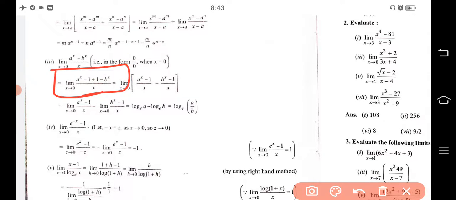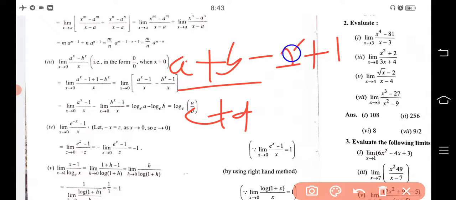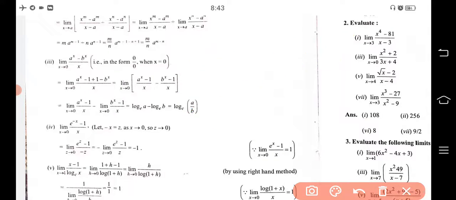So if you add, for example, in an equation a plus b and c plus d, if you add minus 1 here and also plus 1 here, the value would remain the same. The same thing is done here. Why? Because to arrive at this type of notation, we can apply the second theorem.